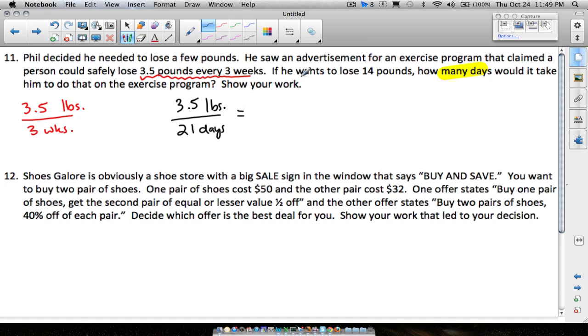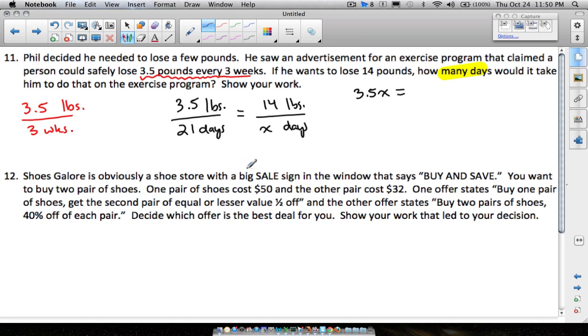Now we can solve our problem. If he wants to lose 14 pounds, notice I'm putting pounds at the top. We want to figure out how many days. Notice days are at the bottom now. We didn't have weeks. We had it back here, but not now. Now we can solve this problem. So take 3.5 times x. Therefore, you have 3.5x. This is equal to, take 14 times 21.